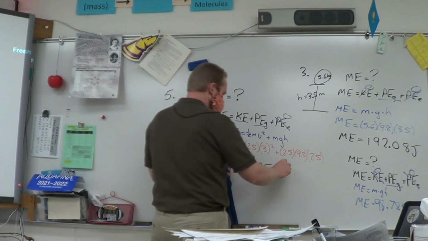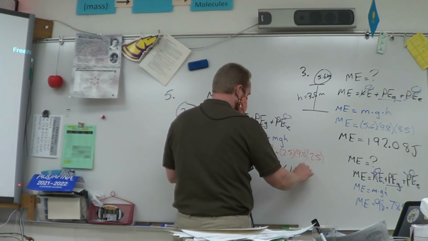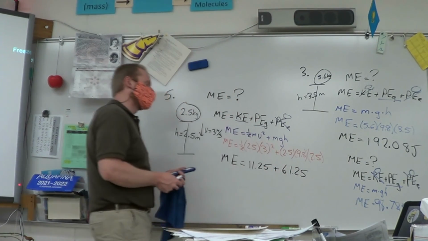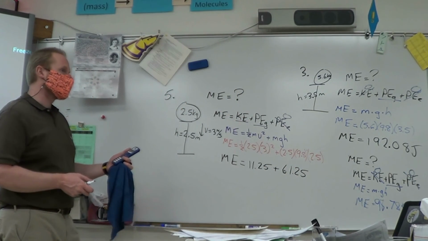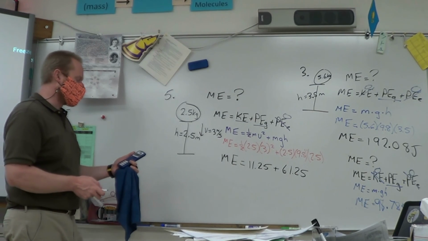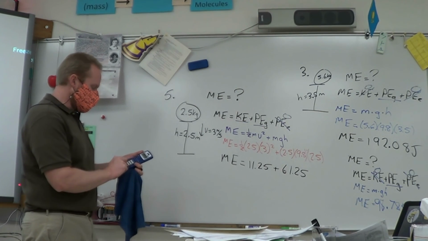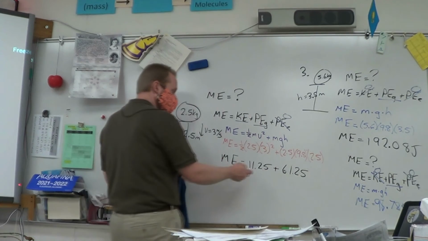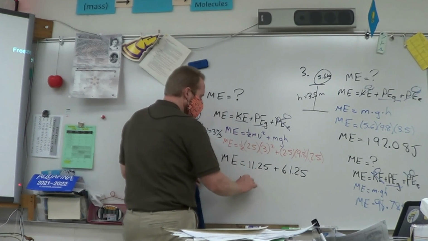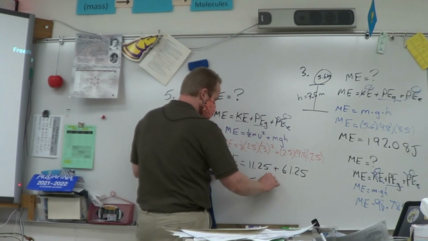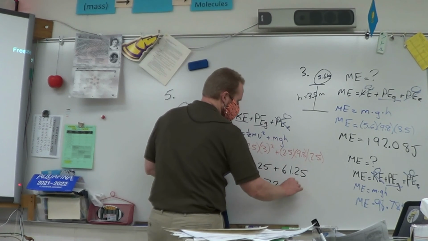Our potential gravitational energy, when we multiply 2.5 times 9.8 times 2.5, we get 61.25. And then when we combine those two together by doing the addition, we get a total mechanical energy of 72.5.